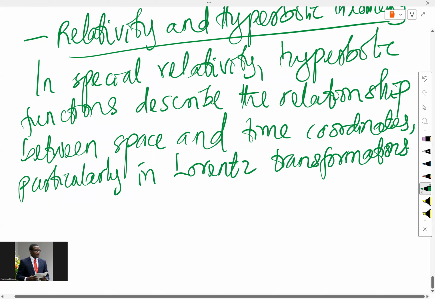So all these examples actually illustrate the significance of hyperbolic functions in various aspects of calculus and their practical applications.